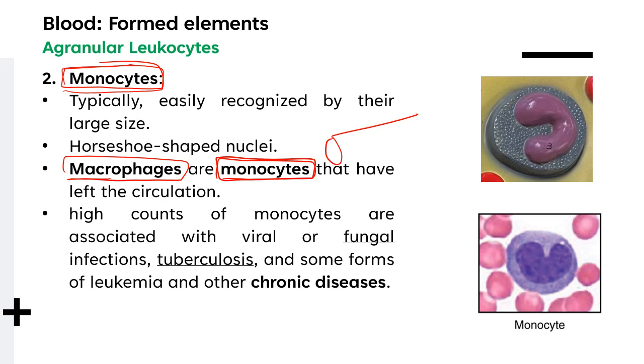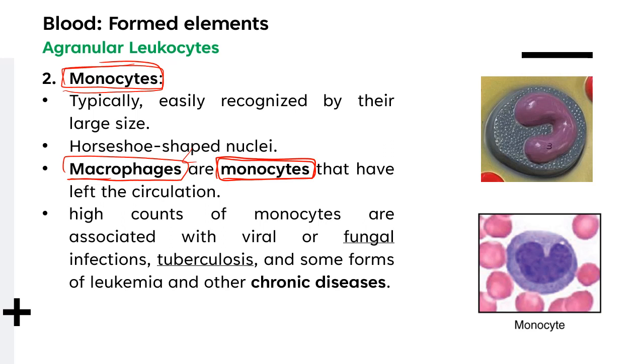Let's pretend we have a blood vessel here, we have a monocyte here, and you have an infection here. When a monocyte leaves the blood vessel and enters the tissue, it now becomes a macrophage. So just keep in mind that macrophages and monocytes are the same thing. It's just the name that changes when they're either in the circulation or not in the circulation.